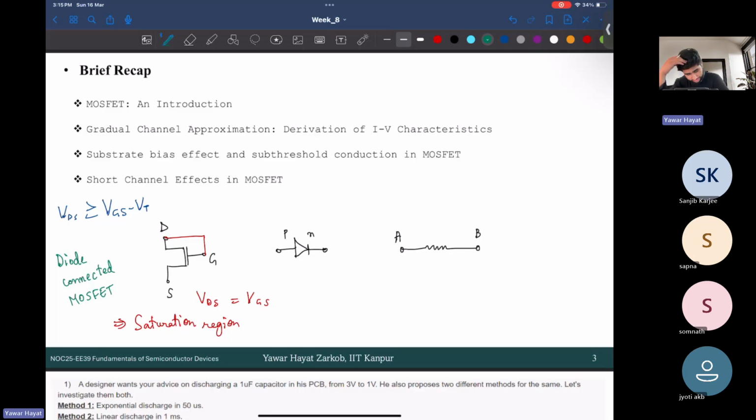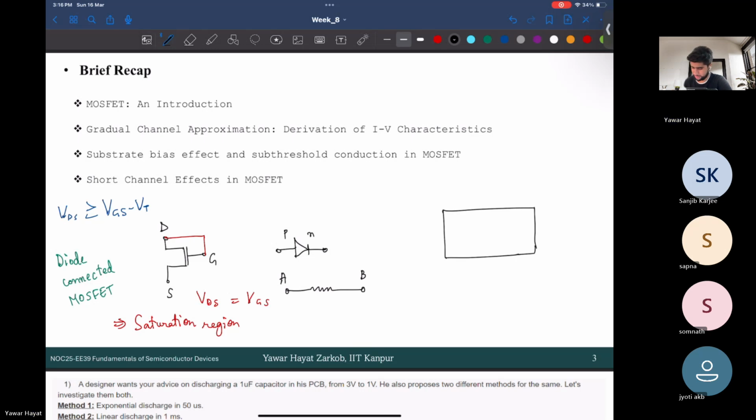Okay, what else can I discuss about this? What about the substrate bias effect? How does that impact? Let's draw a MOSFET, a rough sketch. This is the N plus source and drain.